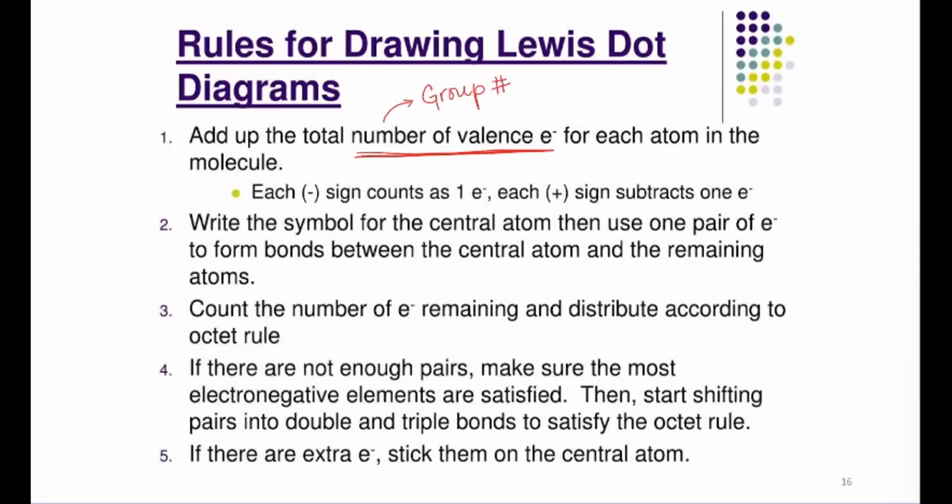Now, as we're going to see in some of the examples in the in-class practice, sometimes we're going to have charged molecules. Particularly in the examples we're dealing with, it's going to be our polyatomic ions, those charged species, right?